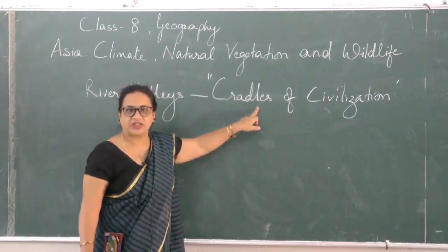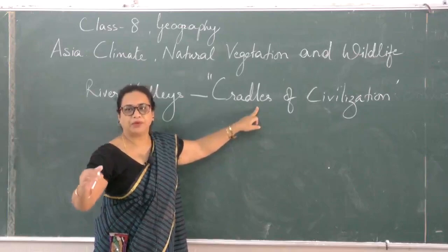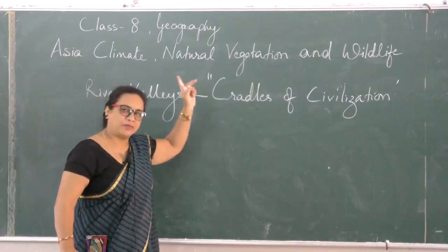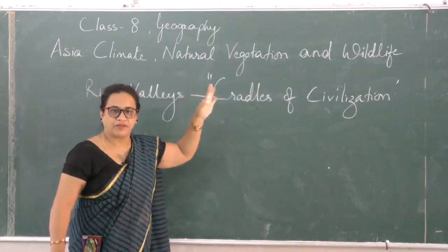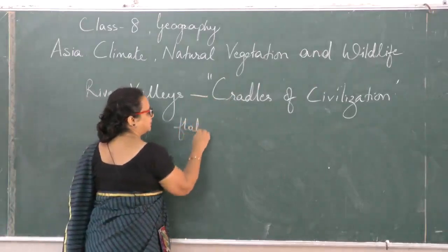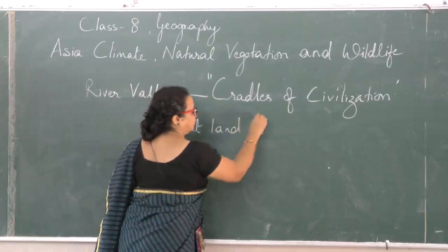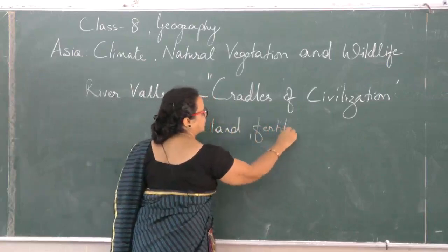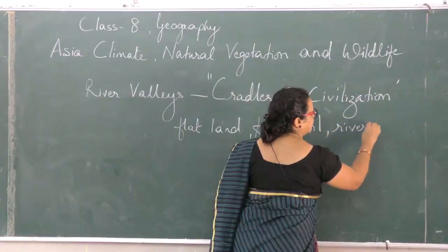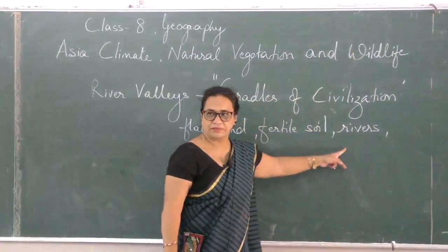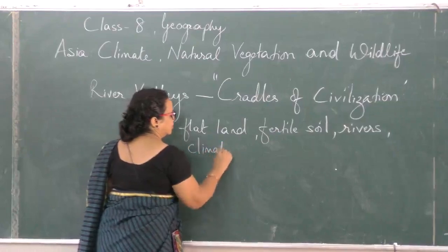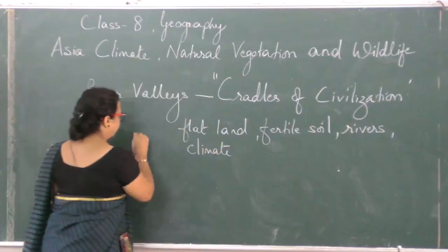Cradles of civilization meaning densest populations are found on the river valleys. Right from ancient times, not recently. Wherever there is river valley, what all things do we find? Flat land. With the flat land we find fertile soil. Then we have rivers flowing through the valleys. So we have water available. Okay. Usually the climate is favorable. Favorable climate.